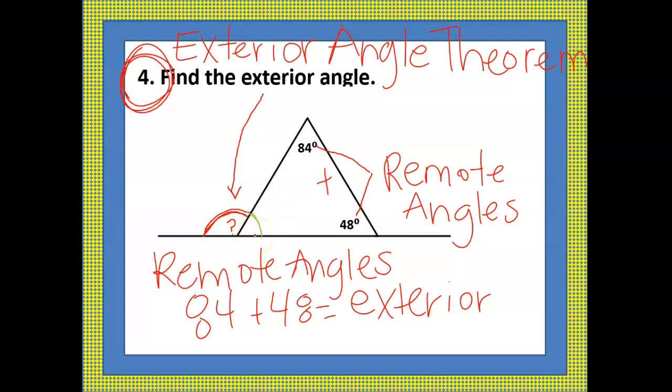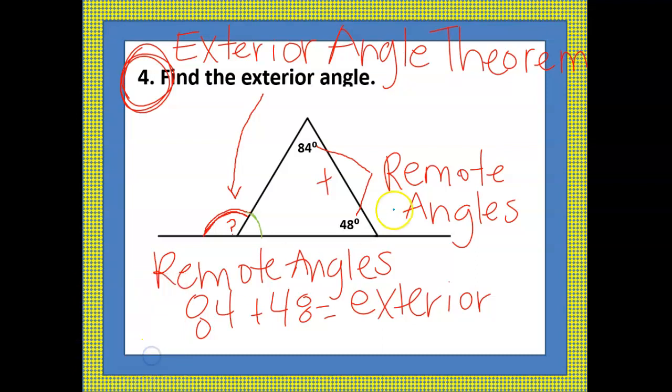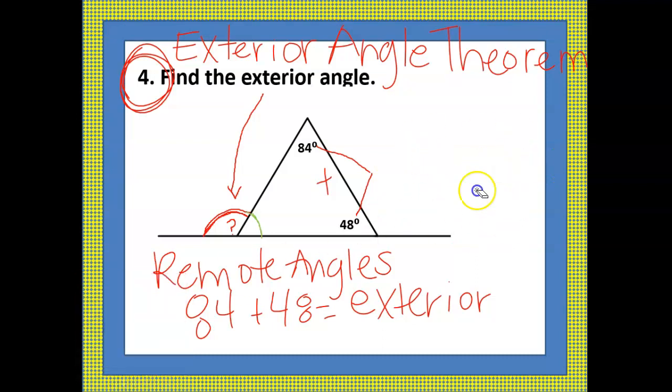But as a 7th grader, you don't know that, so you have to figure out this green one first and then move to the outside. So let me work that out for you so you guys can see it. And let me erase this over on the side.